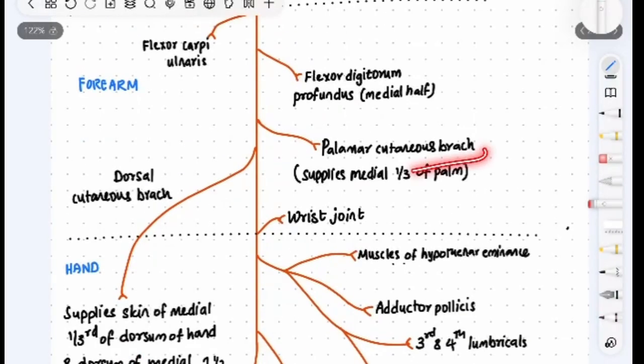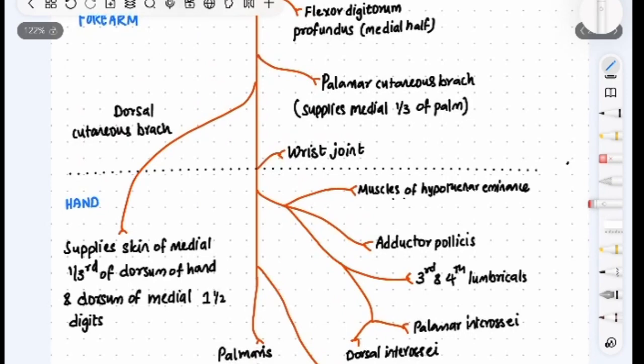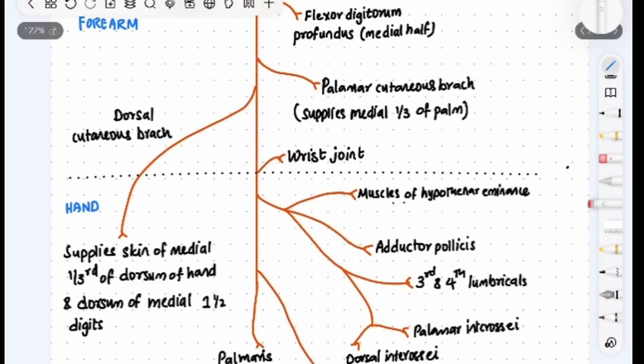Remember, the palmar cutaneous branch supplies the medial one-third of the palm, whereas the dorsal cutaneous branch supplies the medial one-third of the dorsum of the hand, as well as the medial one and a half digits. And it also gives a branch to the wrist joint.